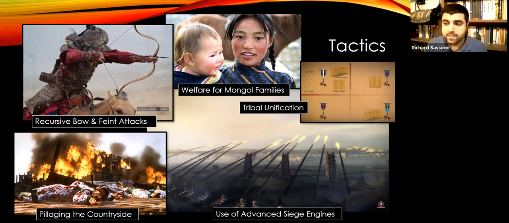But because of this, they're very aware of what the best pressure points are in the societies that they're conquering. They're always looking to figure out what is the easiest way to weaken the enemy before the strike. And similarly to pillaging the countryside, which weakened general resistance in the population, this would weaken general resistance in the militarized defensive positions.